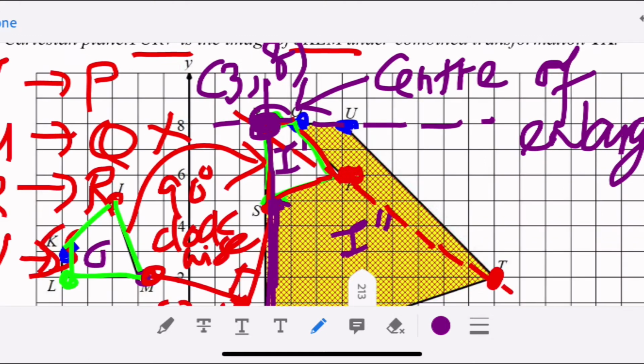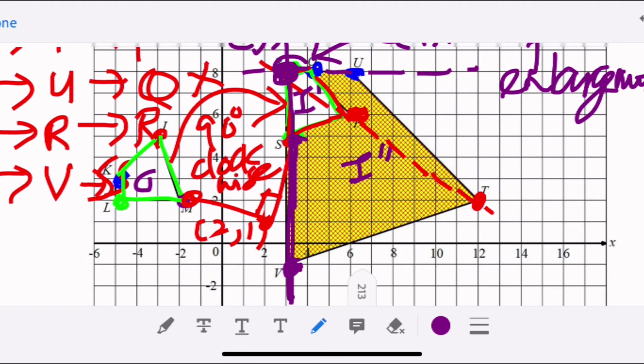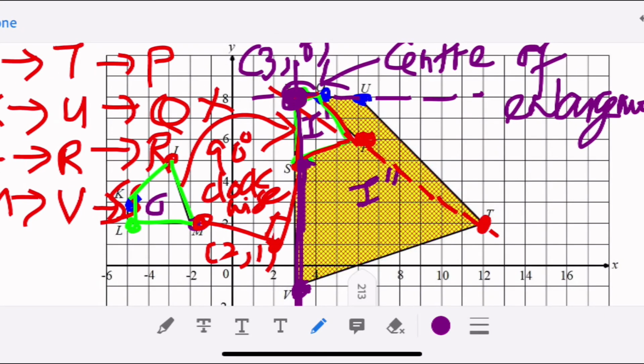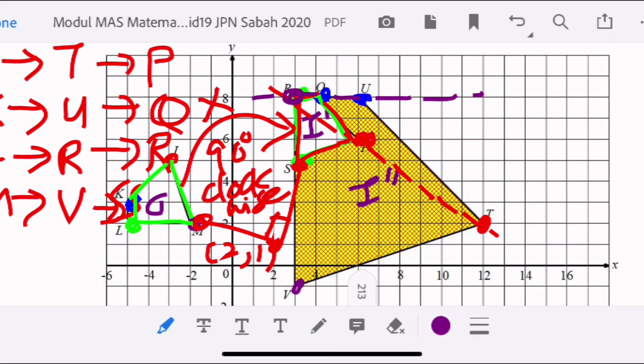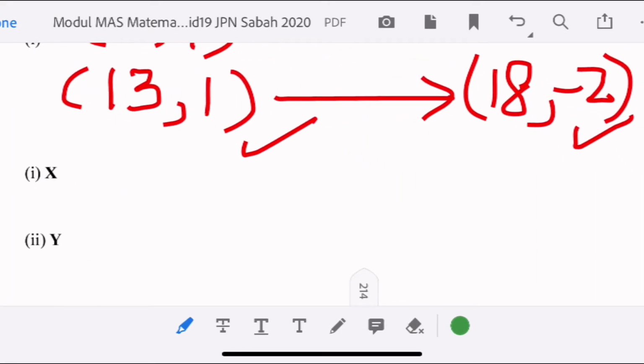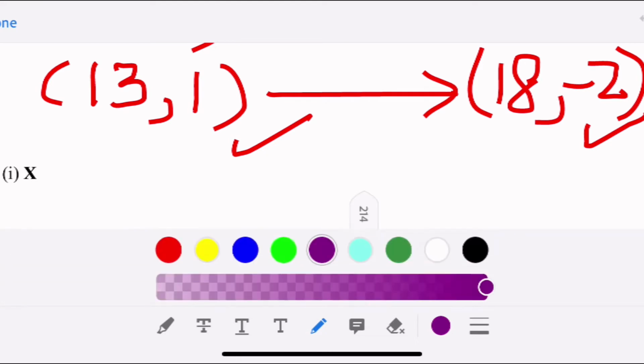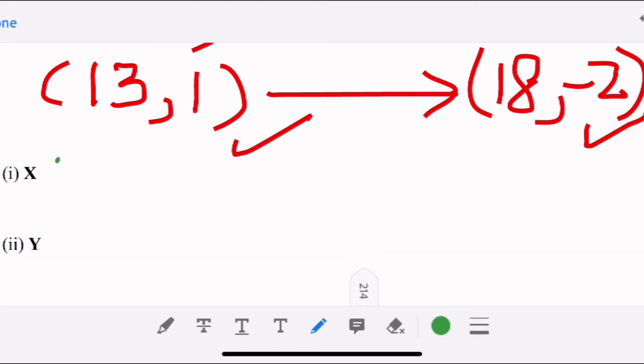So we will write the answer in the answer space with the three important keywords: enlargement, scale factor, and the center of enlargement. Okay, now we will write the answer in the answer space.